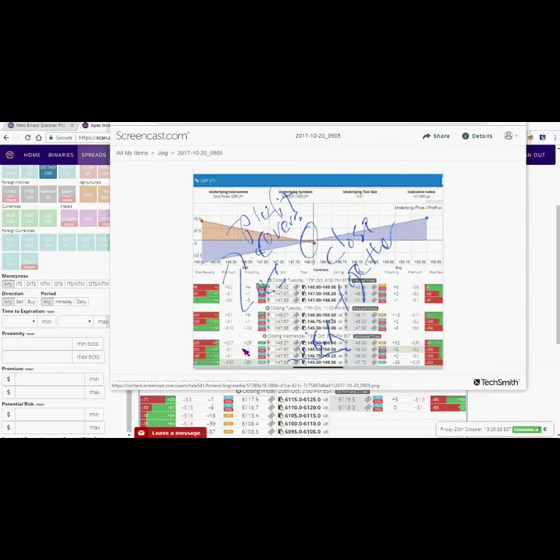Nadex ticks in $1 increment. So do you understand a little more than you did before I started doing this, or did I just confuse everybody?